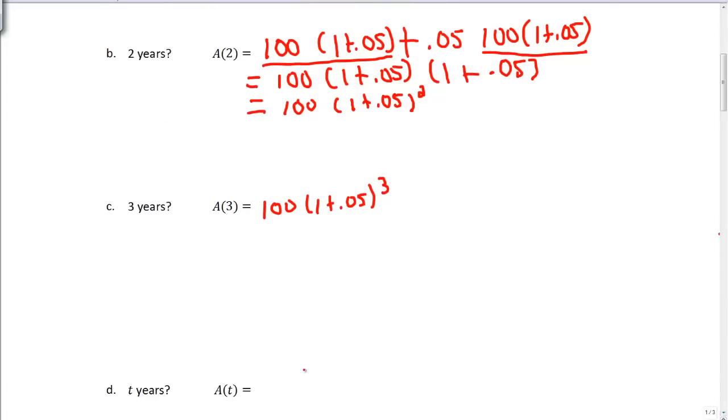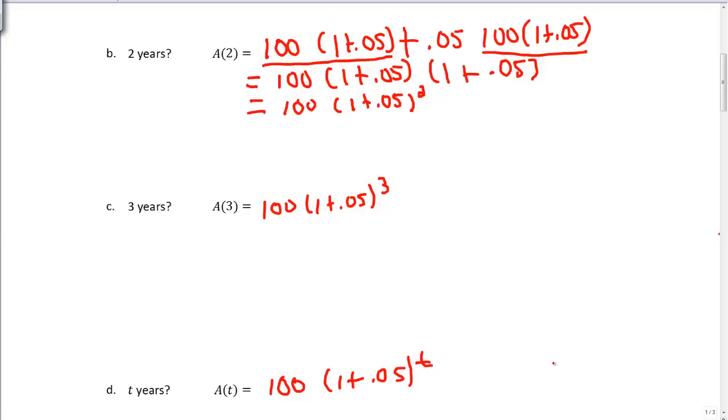So then, if you have the money in the account for T years, you can have that initial investment of $100 times 1 plus the interest rate, which was 5% in decimal form, and then raised to the number of years, right?